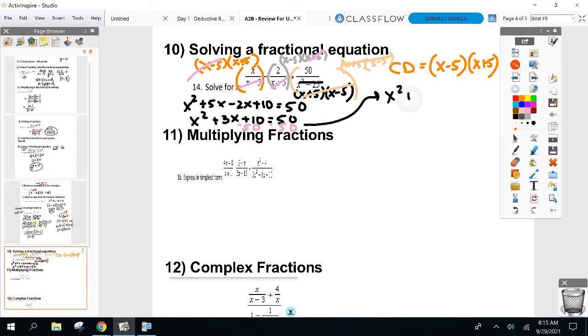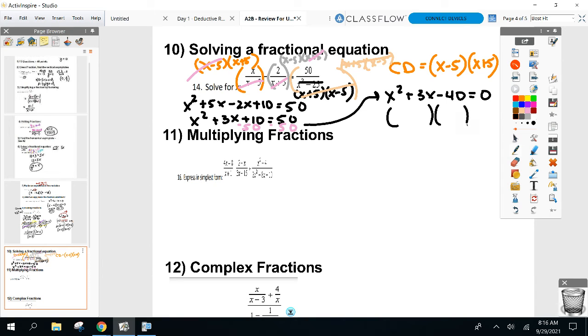X squared plus 3x minus 40 equals 0. Okay, now you can factor. Now that it's equal to 0. Any GCF? Nope, this is just 3 terms.